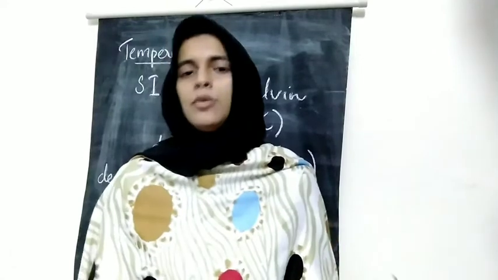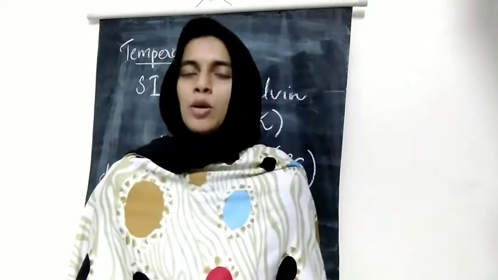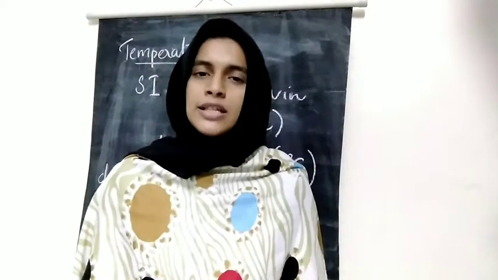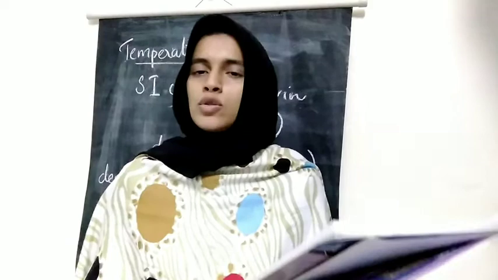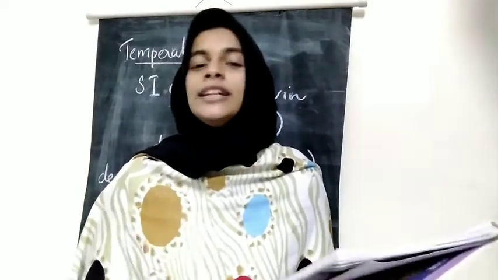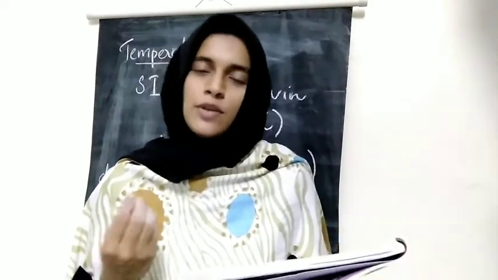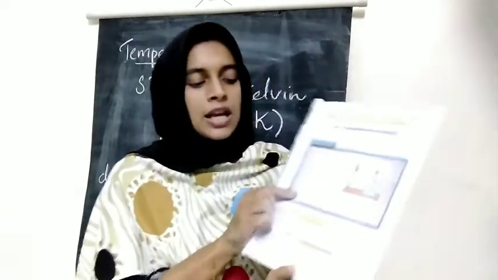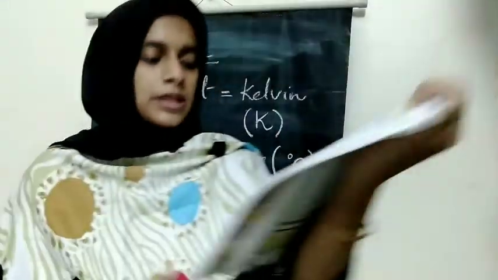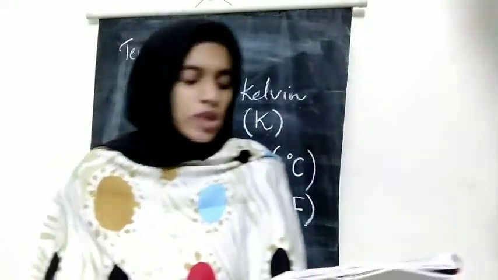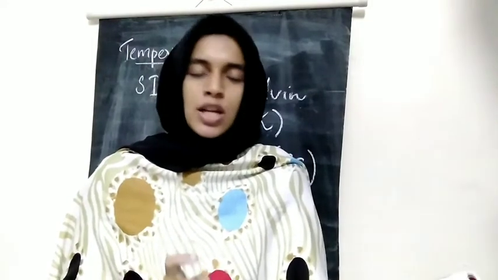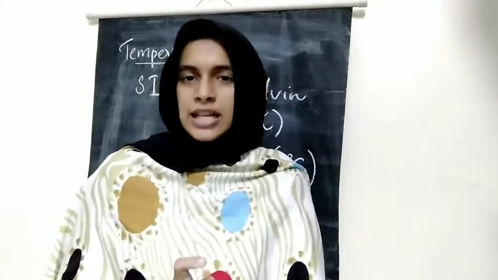Another thermometer is the clinical thermometer. Why do we use it? The clinical thermometer is used to measure human body temperature. The range of the clinical thermometer is 35 degrees Celsius to 42 degrees Celsius.